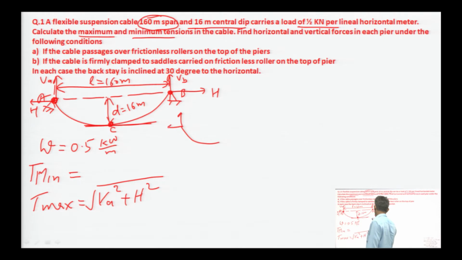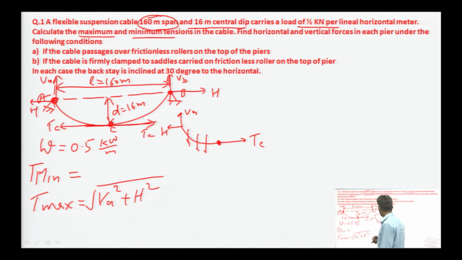You will have V A and H, and the UDL load here. This will be the tension in the cable at point C. It is a tangent, and this will be the value of the tension at point C. So, this is the value of T C.